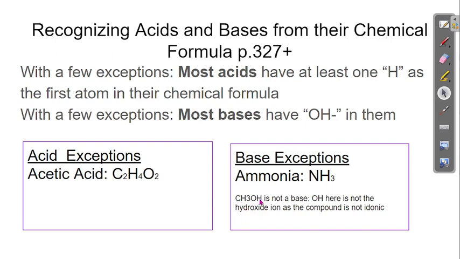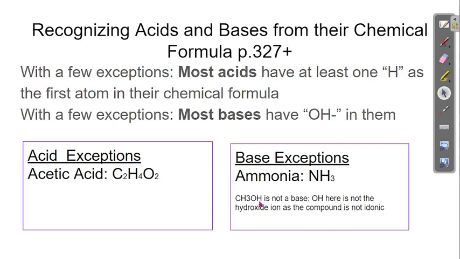This right here is not a base. You're going to see this compound in a reaction soon. And don't be confused, this is not a base, because the OH in this is not a hydroxide ion. This compound right here is not ionic.